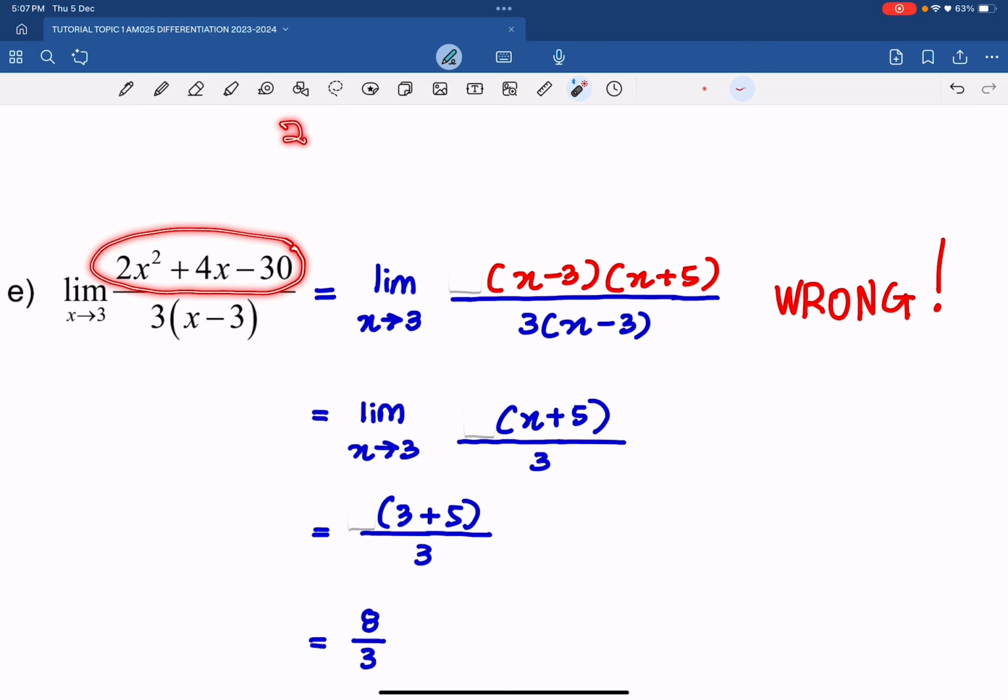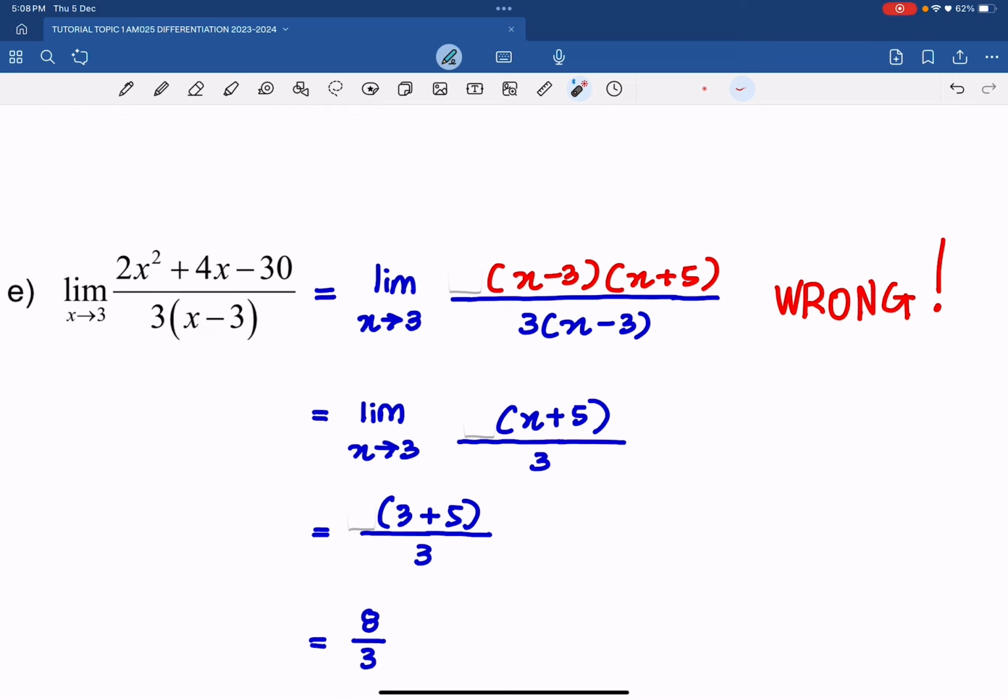So equation means that your calculator is going to do 2x squared plus 4x minus 30 equals 0. So you will come out with this one. But if you're factorizing 2x squared plus 4x minus 30, you are going to factorize it as an expression.